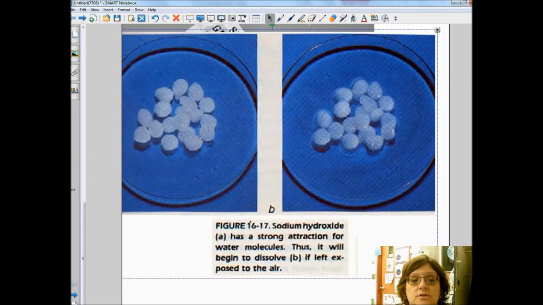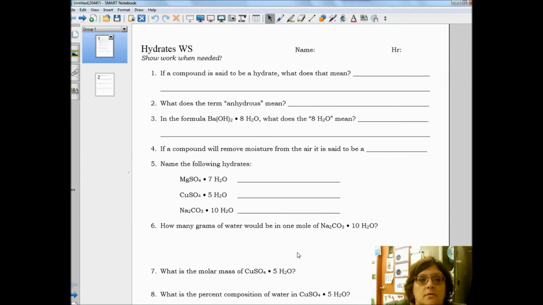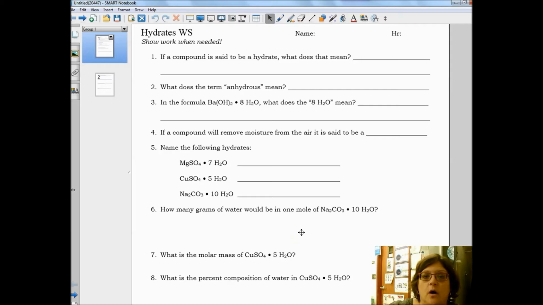Alright, so now you have a worksheet to work on. You've got some definitions. You've got naming. And then it says how many grams of water would be in 1 mole of sodium carbonate. Let's do that together.